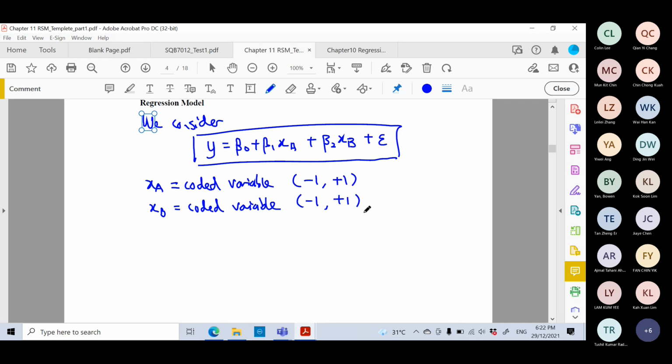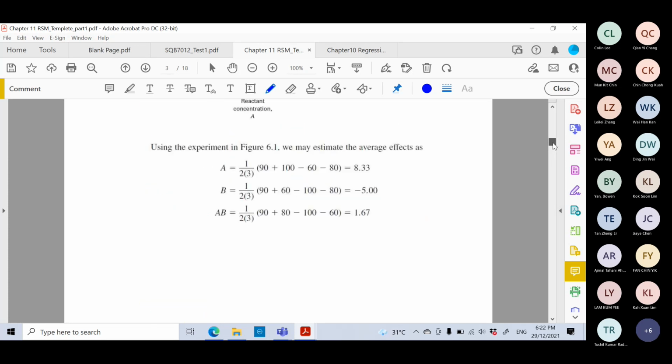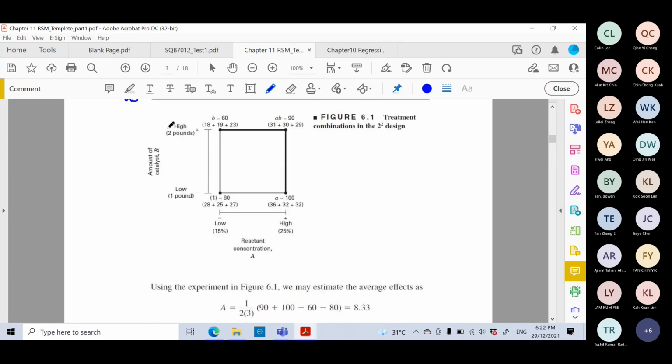If you observe, this is a 2 power k factorial design. Looking at the table, this is your original value. The original values of the factor here are 1 pound and 2 pound, but after you do the conversion, they become -1 and +1.